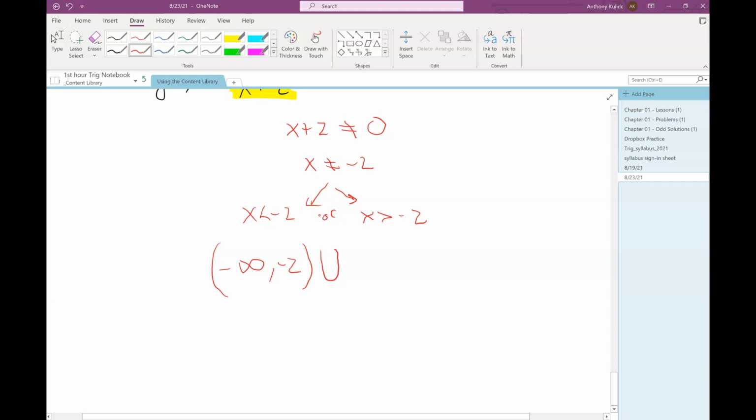And then for x is greater than negative 2, the lower bound is negative 2. Very good. And the upper bound is positive infinity. The infinities always get a parenthesis, and the negative 2 should get a parenthesis. And then we write this, again, x is a member of.